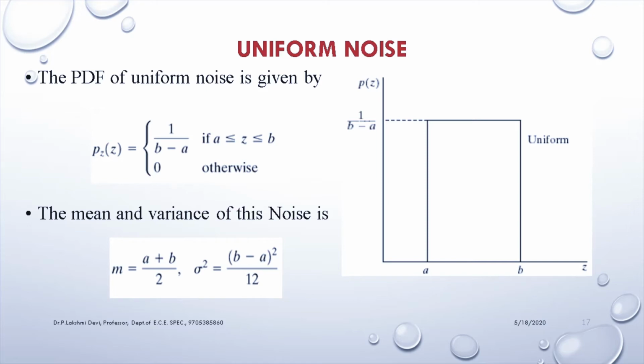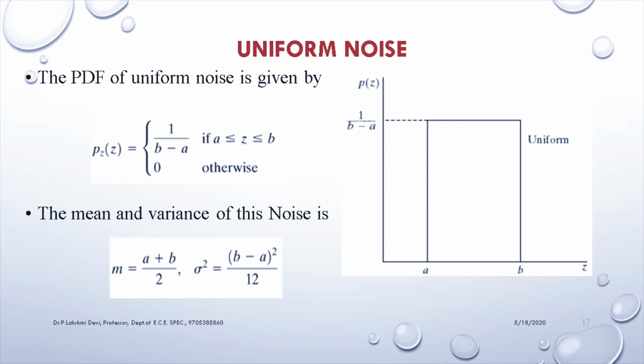P of Z for uniform noise is equal to 1 by B minus A if A is less than or equal to Z is less than or equal to B. That indicates if Z lies between A and B, then the probability distribution function of uniform noise is 1 by B minus A. Otherwise, the value of P of Z is 0. If it lies between A and B, within a particular stipulated range of gray levels only, the uniform noise gets affected. That's what the shape itself indicates.